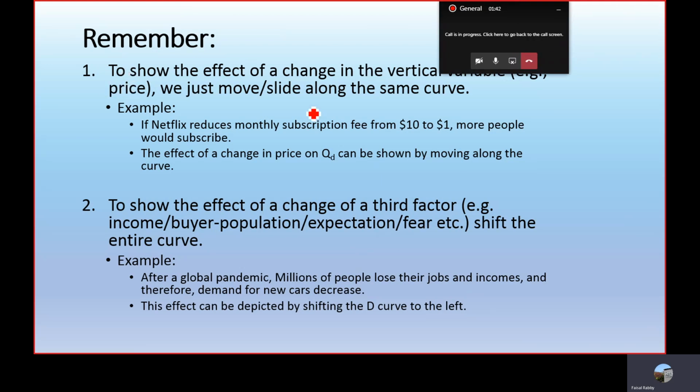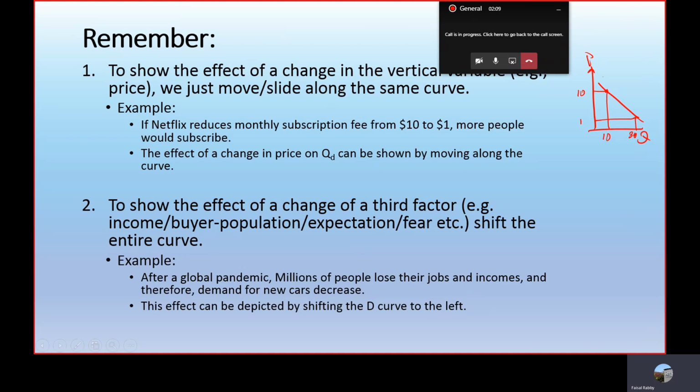We learned that to show the effect of price on the quantity demanded, we will just move along the curve. If price decreases from a high value to, let's say, a very low value, then quantity demanded will increase from a low value to a very high value.